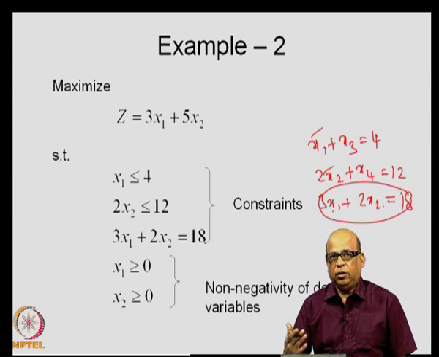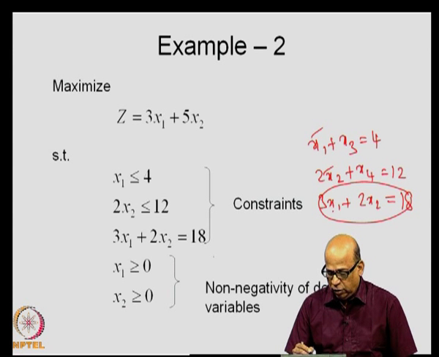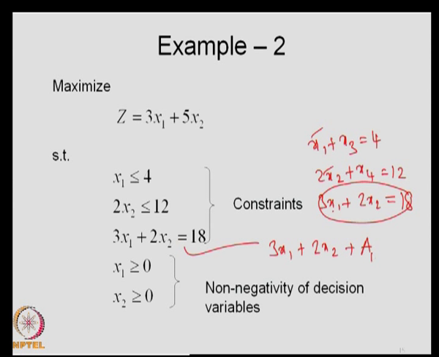To overcome this situation and to obtain an initial basic feasible solution, what I will now do is, only for this constraint, say 3x1 plus 2x2 plus A1 is equal to 18. So, I am setting an artificial variable here.